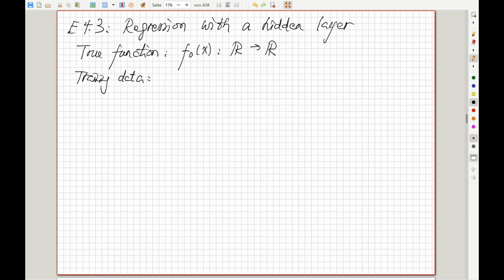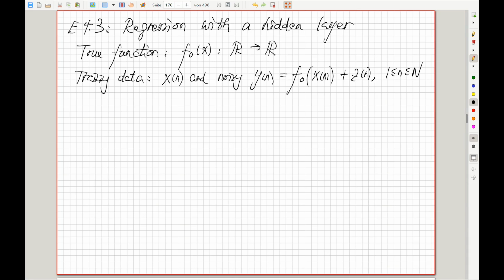I assume to know the true function, the ground truth, and I use the ground truth to generate some random samples, x of n, and noisy output y of n. y of n is nothing else than the output of the true function applied to x of n plus some random noise, right? And assume to have a total number of capital N training samples.